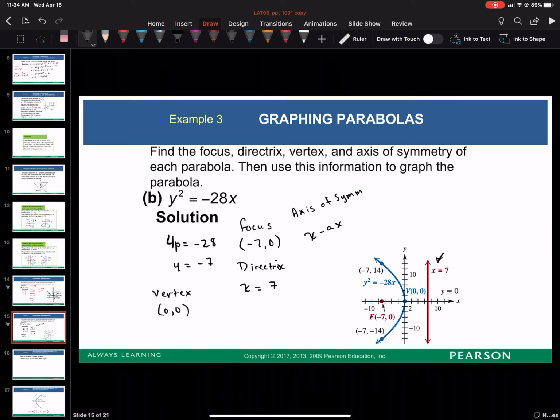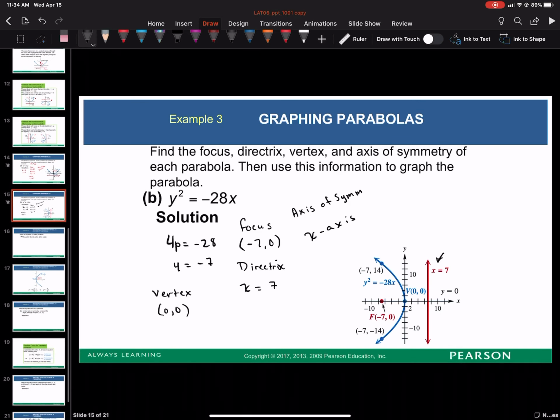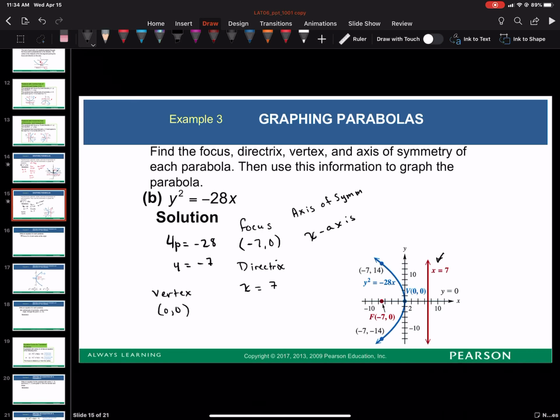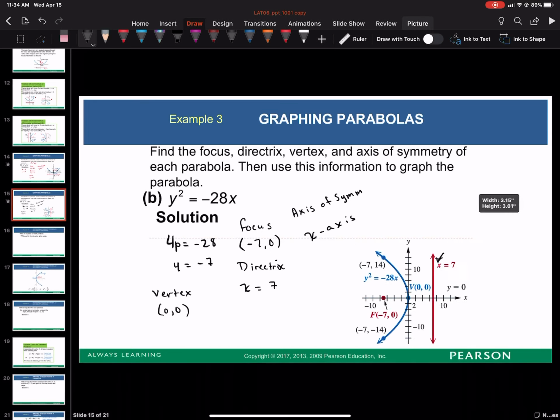The x-axis. So these right here are more straightforward than when we get to all the ones that are going to shift up and down, left and right. And we'll get to that soon. Now, if you have any questions about this, just make sure you ask about it.